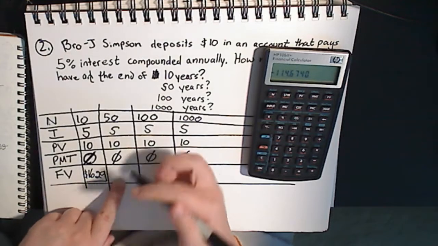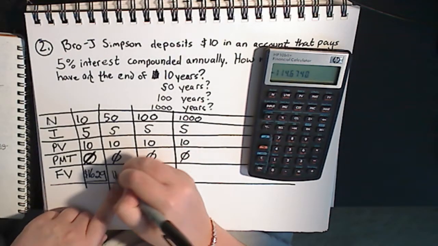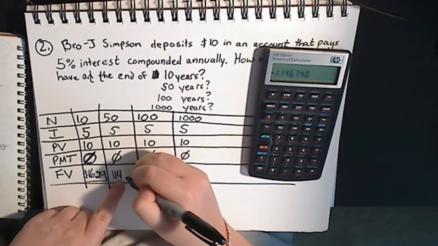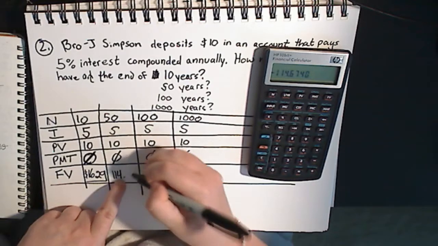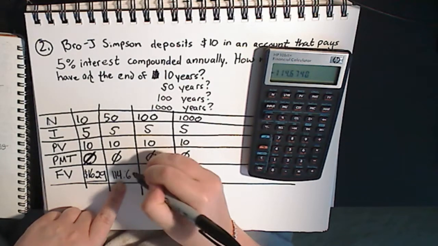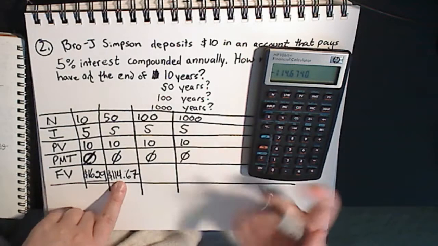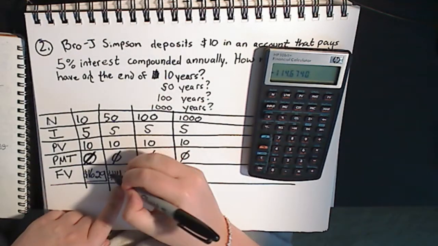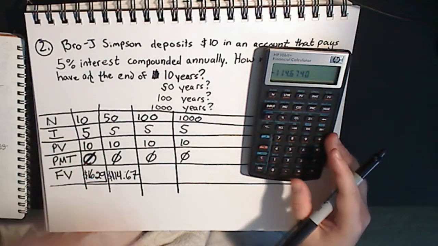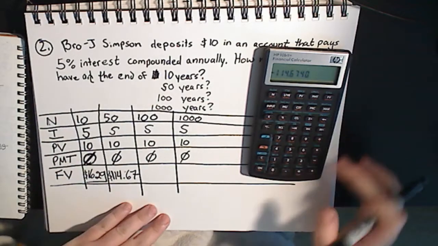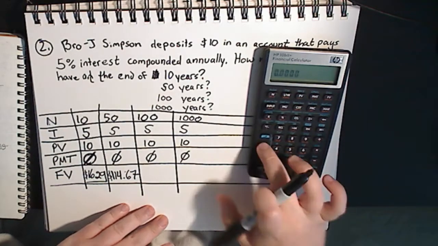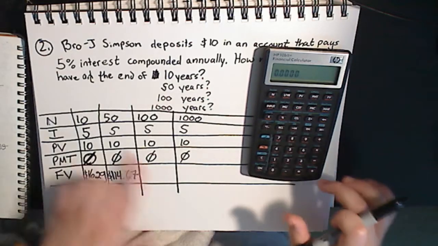FV is $114.67. So that's significantly more than $10. Thank you, compounding interest. I'm going to go ahead and clear my calculator again.